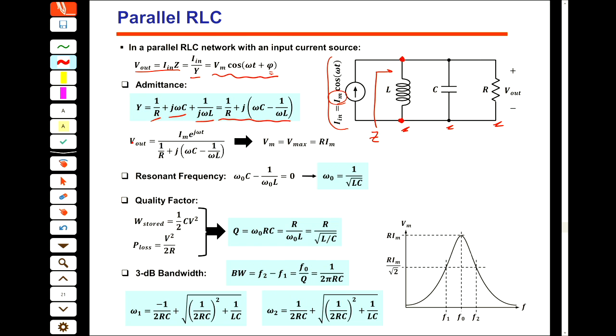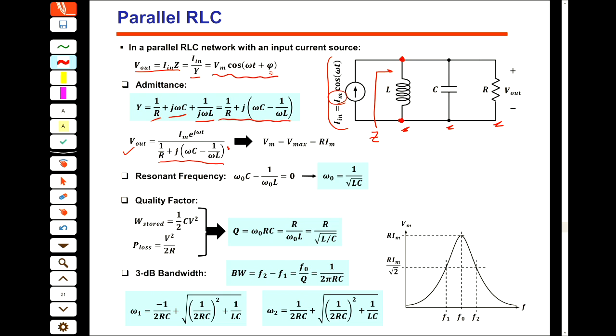So if we look at the V out and assume that we write the feed current in phasor form, then we see that the maximum value for this voltage comes when this part, the denominator, is minimum.